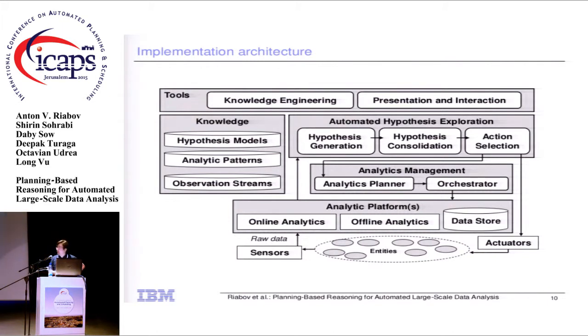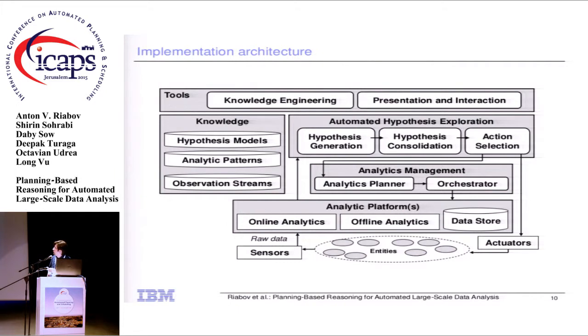The way this is implemented is shown here. In addition to the automated hypothesis exploration that we've discussed, that's shown at the top, we also have layers at the bottom that support the execution of analytics. The analytics management layer takes the request to deploy an analytic and translates it into an executable code.